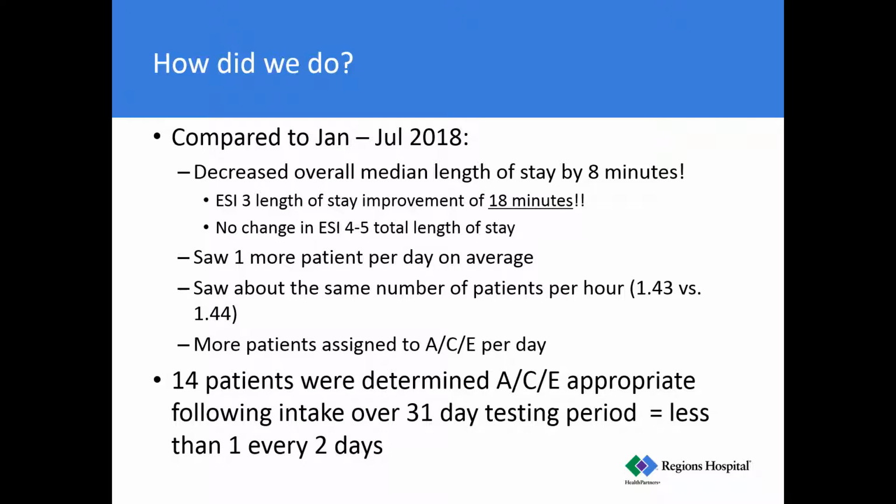The other 12 were actually moved out of the space. So it's really important to think about the fact that this redesignation happens, in at least the recorded numbers, less than 1 every 2 days, which I believe is a win compared to where we may have been in January through July.